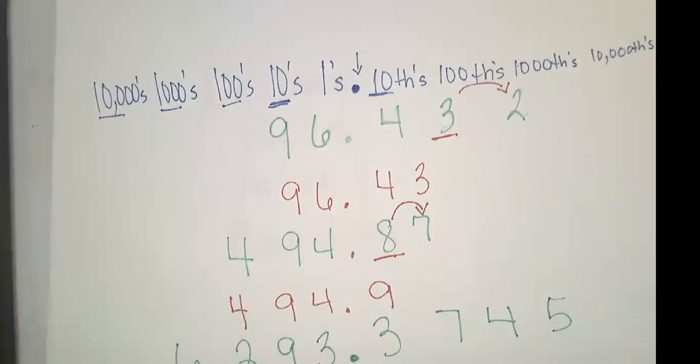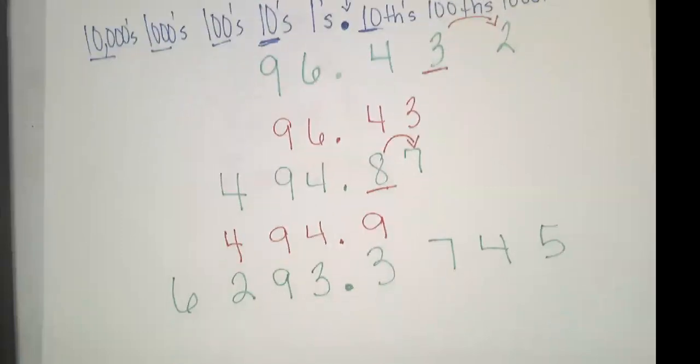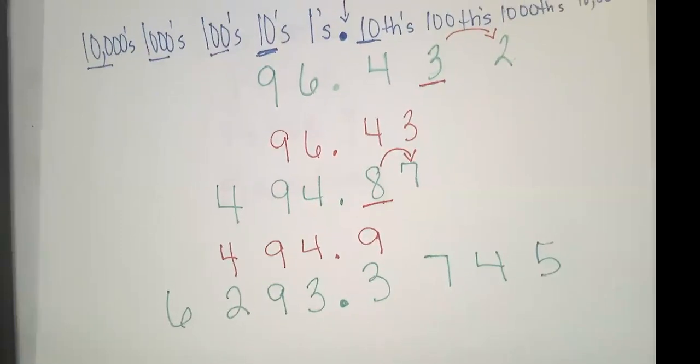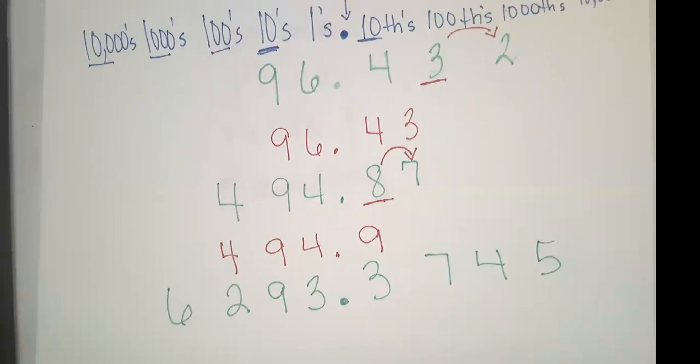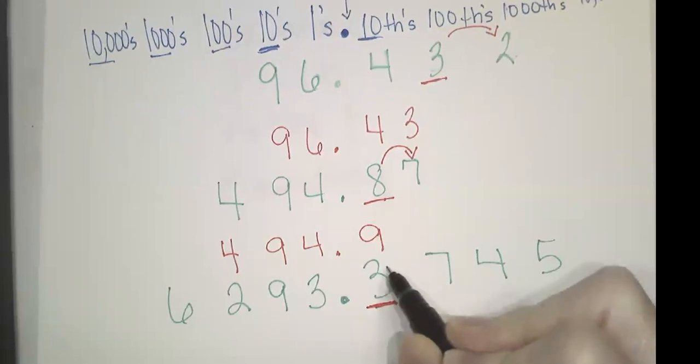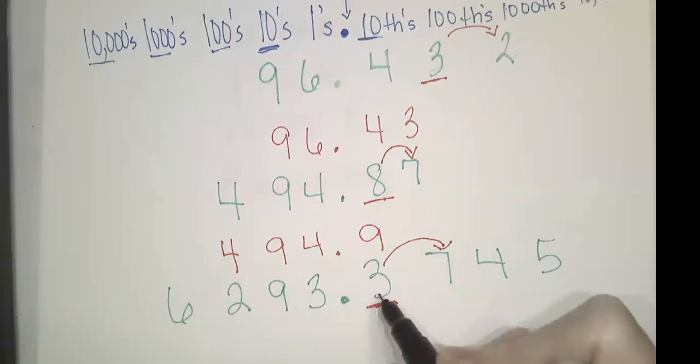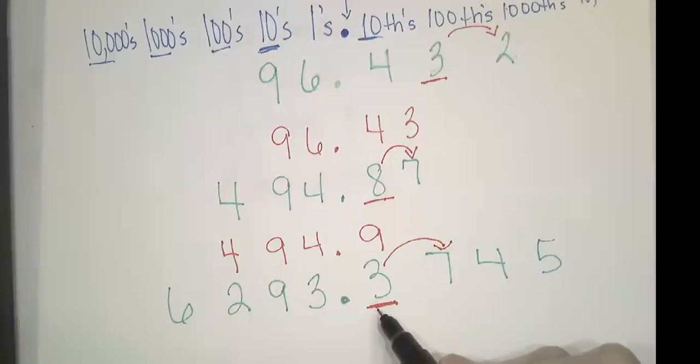Okay, suppose they told me in my directions, round this number to the nearest tenth, then round this number to the nearest hundredth. I would do it twice. The first time, I would identify the tenth place and look to the number to the right to determine what to do, but I would know that the number in my answer is going to stop at the tenth place.